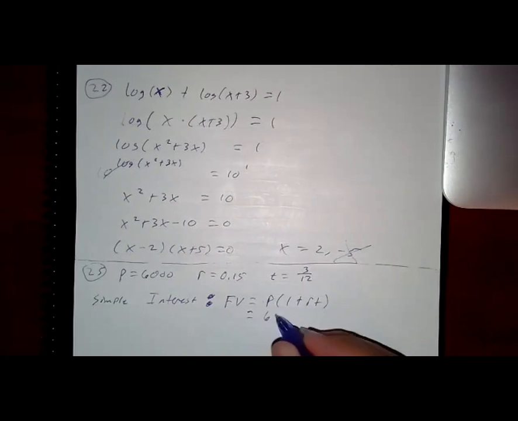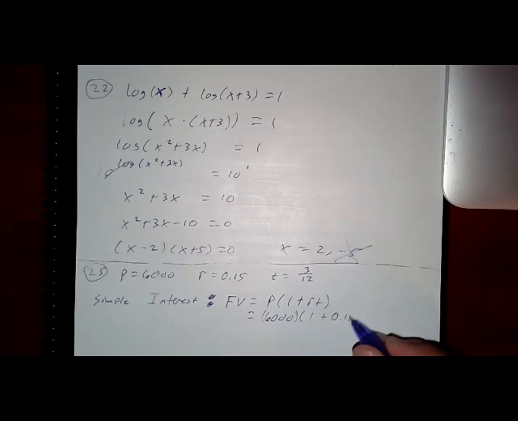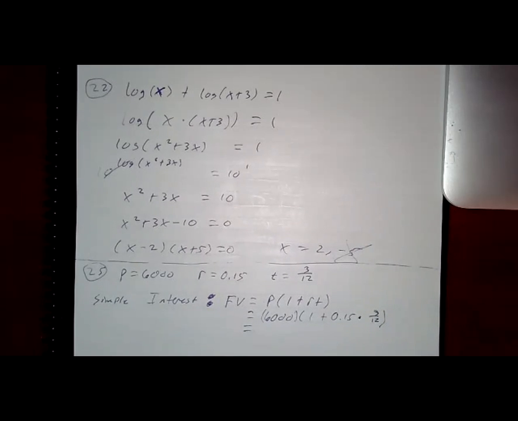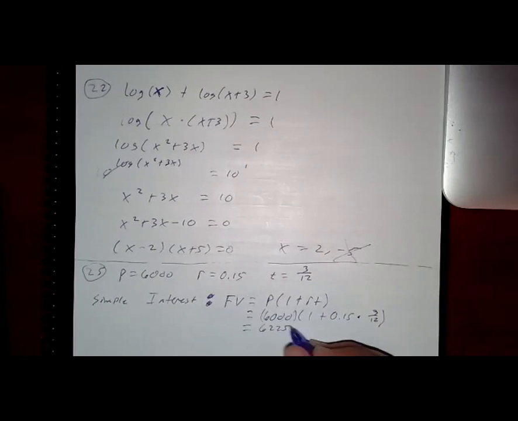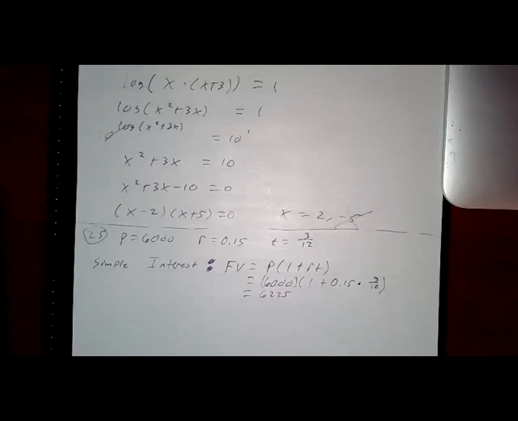So that will be 6,000 times 1 plus 0.15 times 3/12. So that is 6,225. So that sounds reasonable. In 3 months, you made that much interest. That interest rate is pretty high, so not too shabby.